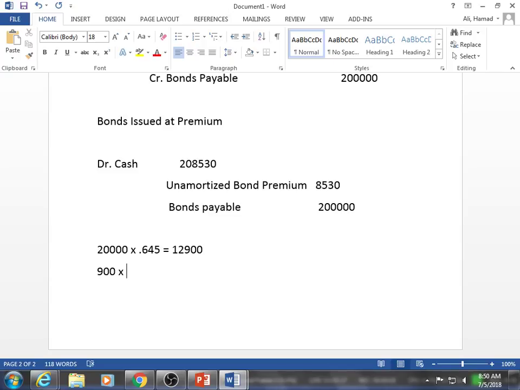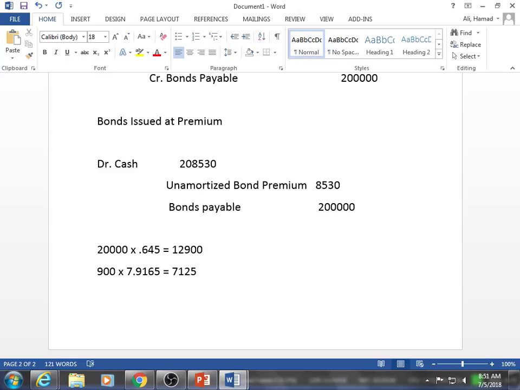We do the same thing since we don't have the exact interest rate: add the two factors and divide by 2. 8.111 plus 7.722 equals 15.833, divided by 2 gives 7.9165. Times 900 equals 7,124.85, or 7,125.